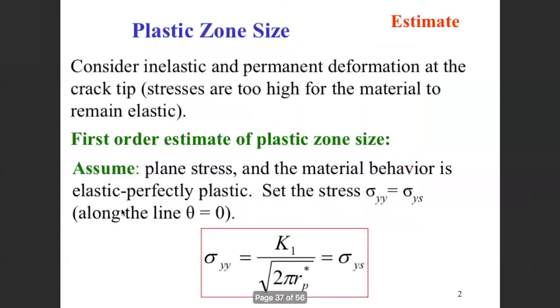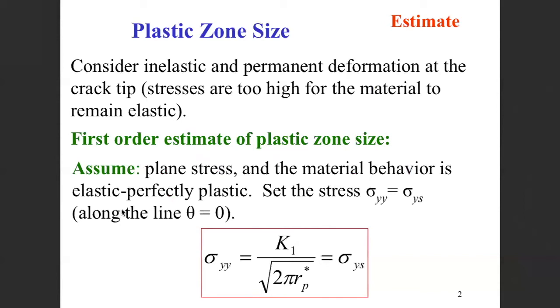What I really want to point out is, remember back at the beginning of the lecture yesterday, we mentioned how Orowan updated the Griffith theory by including the effect of plastic energy dissipation at the crack tip.